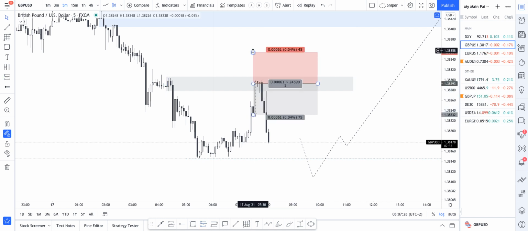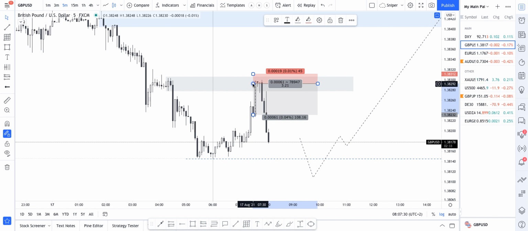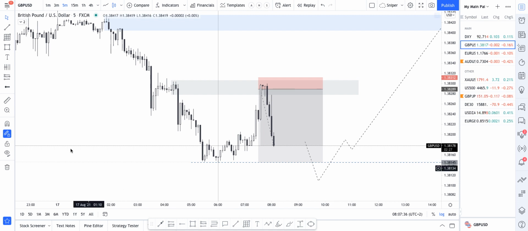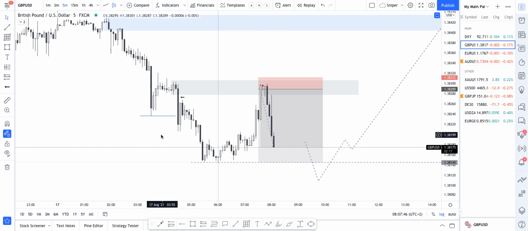If you took 50% of that zone, stop loss above, and then take profit just at the lows would be my guess. Because we do have an imbalance, we have a push down, we have a clean structure break. We have some liquidity on this side as well. So this is a clean setup.